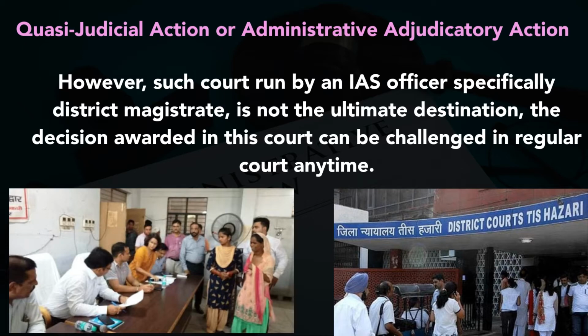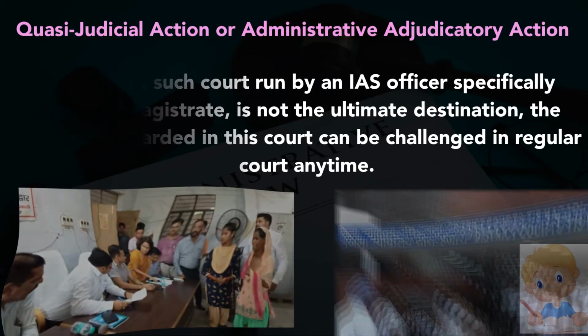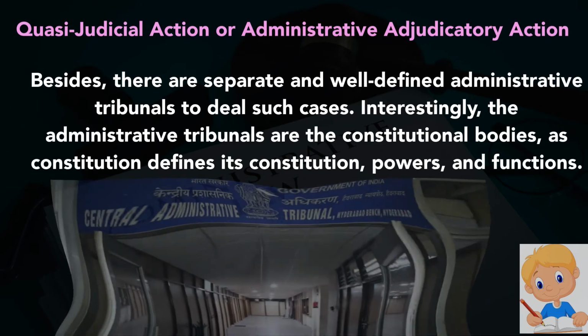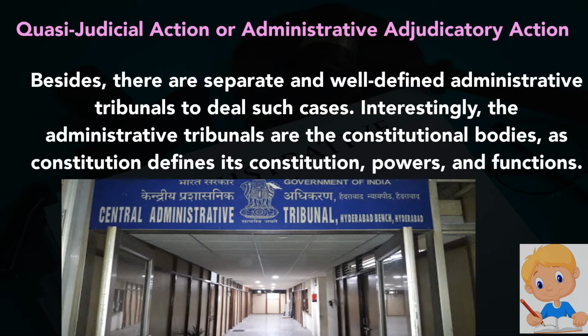In order to ensure natural justice, this is required, and you can link one topic with another like this. Anyway, besides, there are separate and well-defined administrative tribunals to deal with such cases. Interestingly, the administrative tribunals are constitutional bodies, as the constitution defines their constitution, powers and functions.